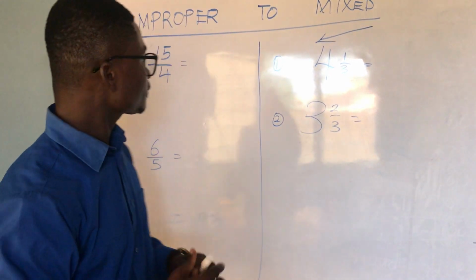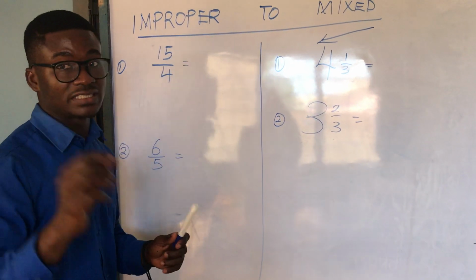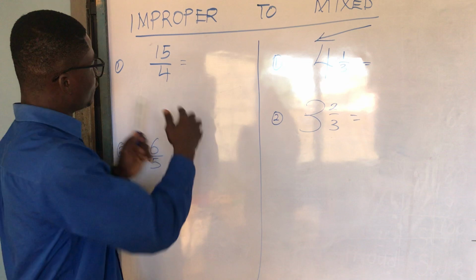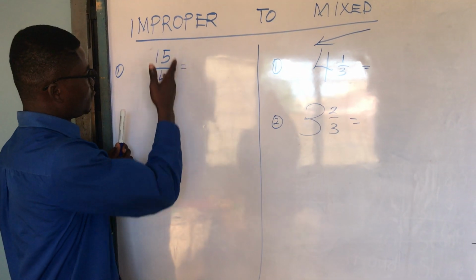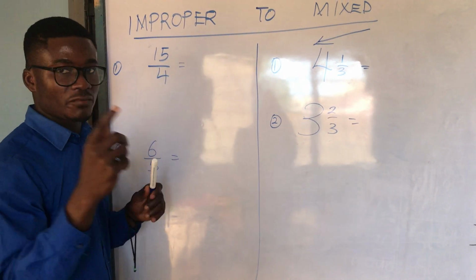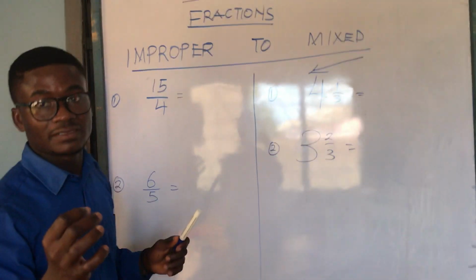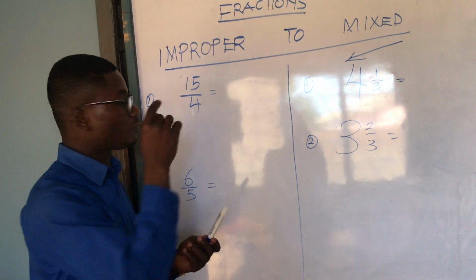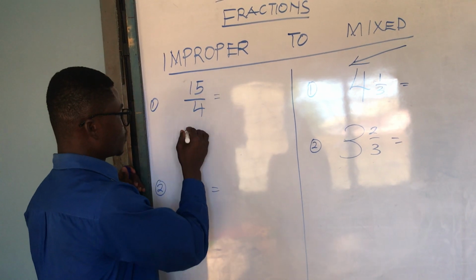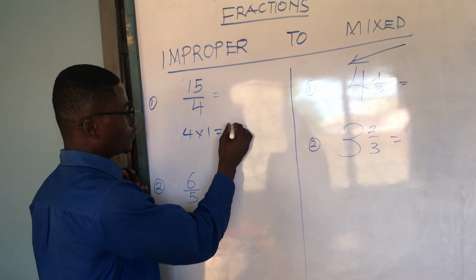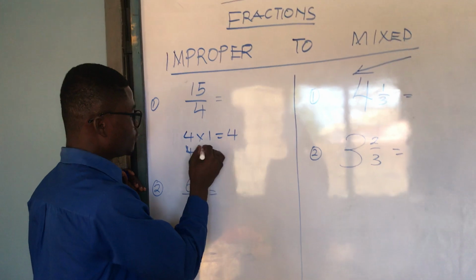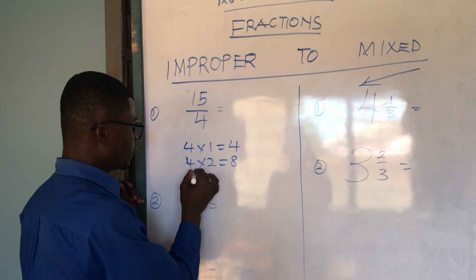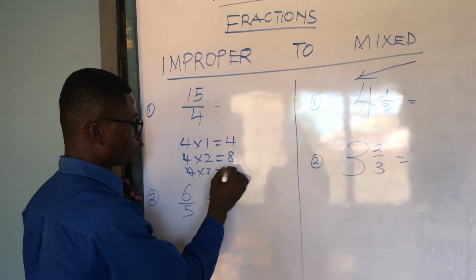Now let's see. If we have 4 as the denominator, then what happens? 4 is here and 15 is here. How are we going to get the whole number of the mixed fraction? We have to look at the multiplication table of 4. 4 times 1 is equal to 4. 4 times 2 is equal to 8. 4 times 3 is 12.